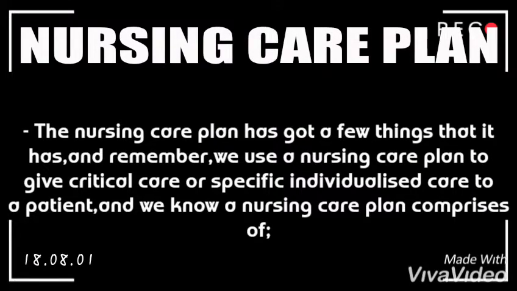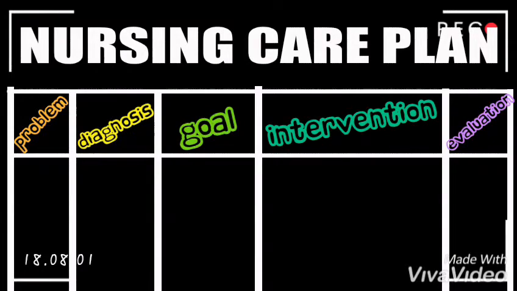So the nursing care plan has a few things that it has. And remember, we use a nursing care plan to give critical care or specific individualized care to a patient. And we know a nursing care plan comprises the problem, the nursing diagnosis, the goal, the nursing interventions, and the evaluation.